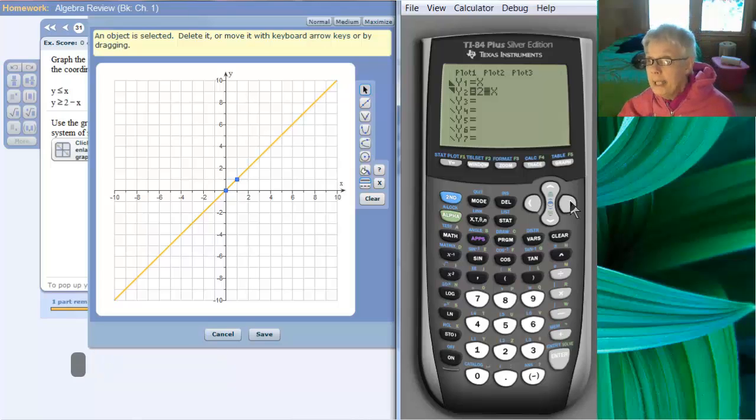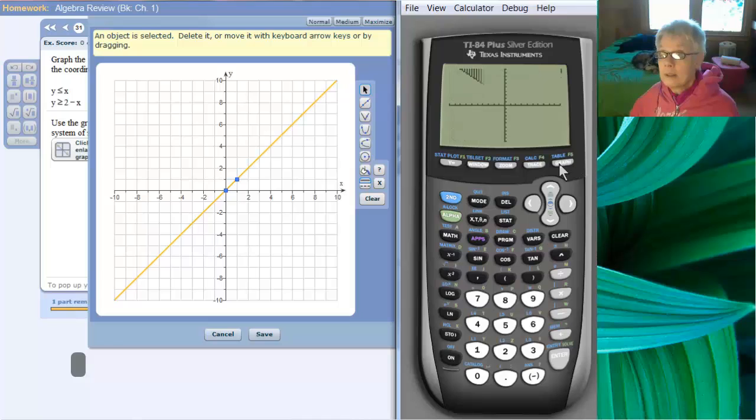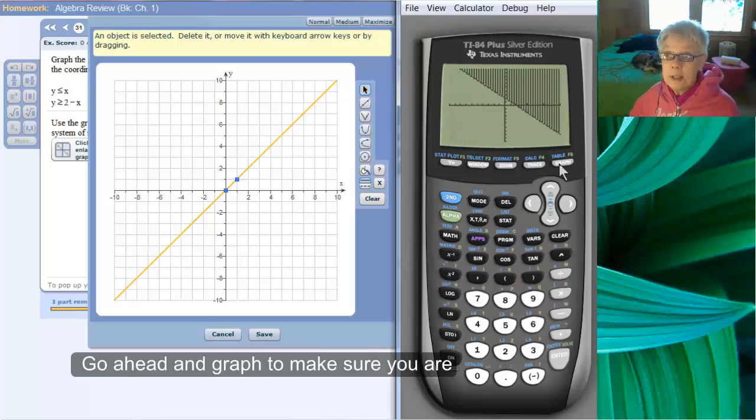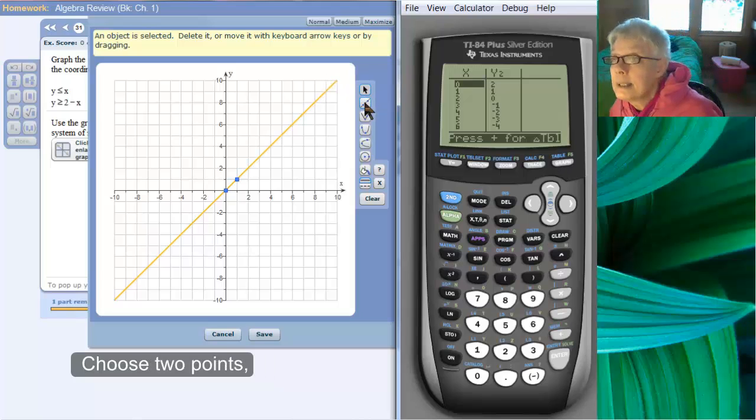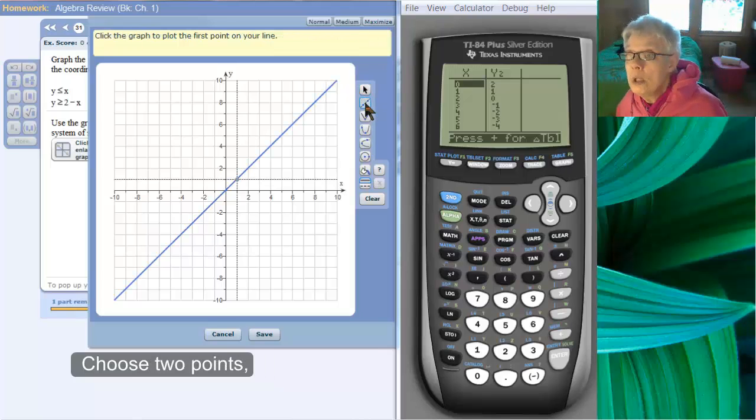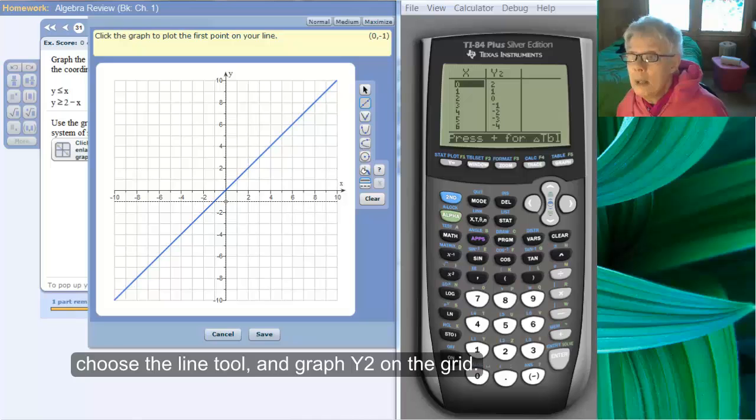Now I'm hitting enter on the equal sign in y2 to turn it on. I'm going to graph it. There's y2. Now I'm going to get points. Let's see, 0, 2, and 1, 1.